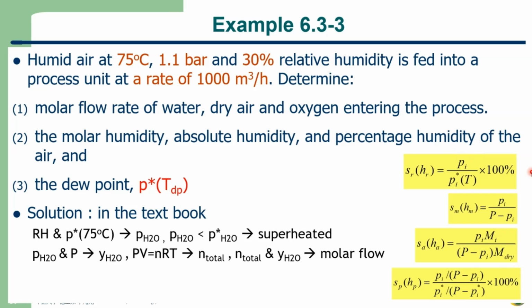And I don't want you to remember these equations. In the future, if you want to find this, you can just check the book or Google it. You will be able to find these equations.